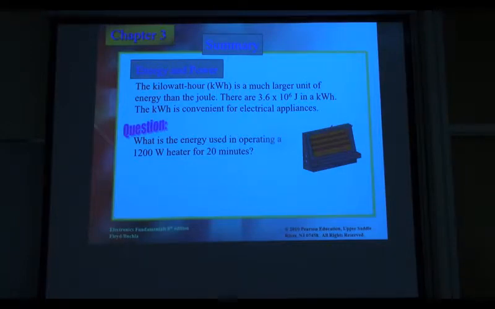Does it make sense? The result equals 0.4 kilowatt hour, like 5 cents. So if you operate this for 20 minutes, you pay 5 cents. Any questions on this? No, sir. Good, right?